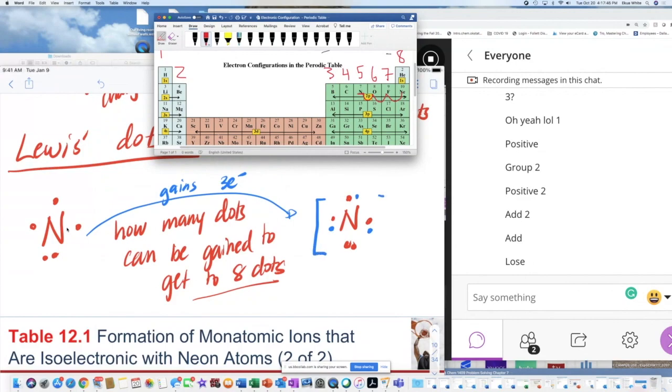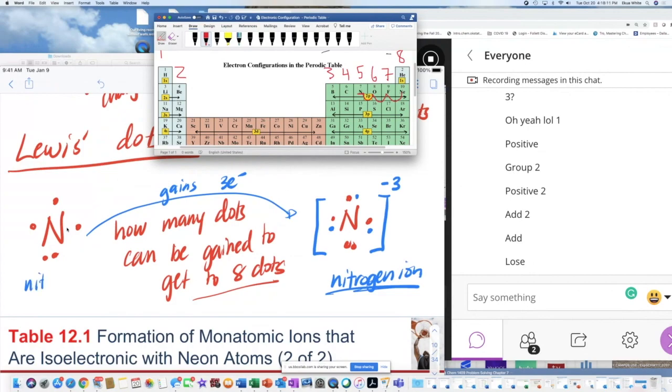Since nitrogen has gained 3 dots, you represent this as 3 minus. You can put the minus in front or after, showing you that this is the nitrogen ion.